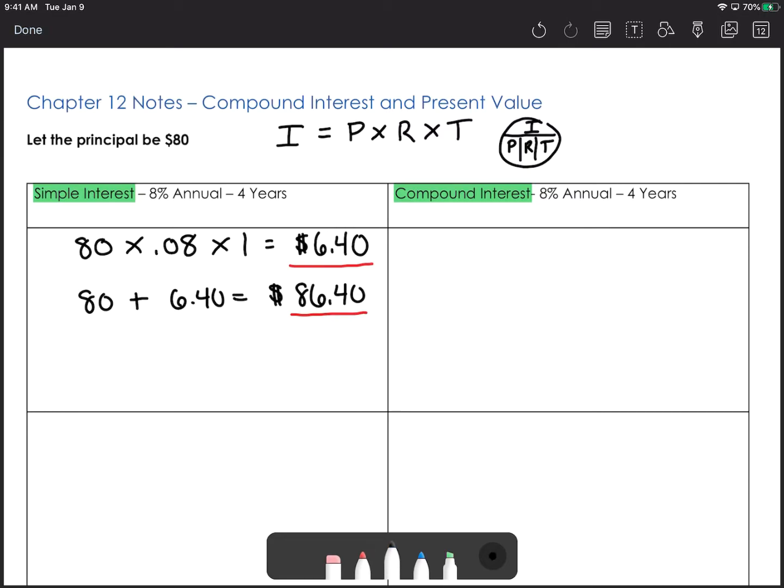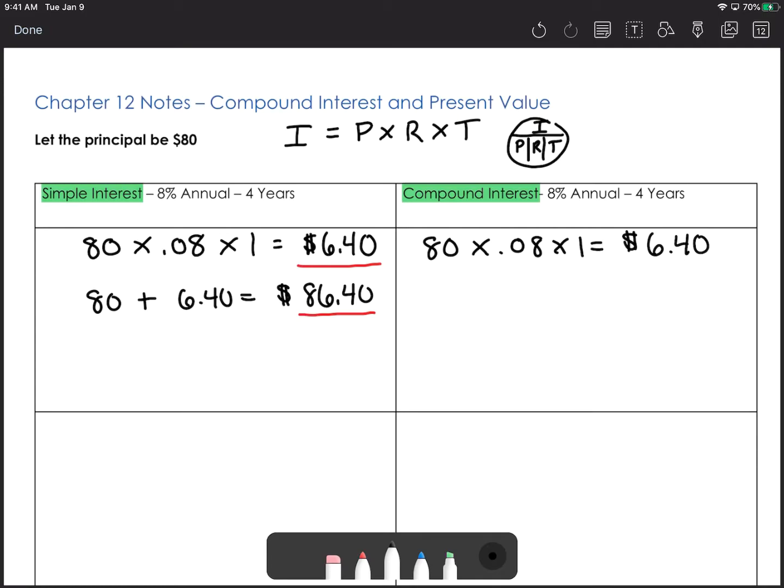Now for compound interest, we're going to do the same thing. So we're going to find the interest for 8% over 1 year. And we're starting with the balance of 80 again. We're going to do this with the same problem side by side so we can compare. So we have a principal of 80, then we're going to find the interest for 1 year. And because it's the first year, we're going to get the same results.